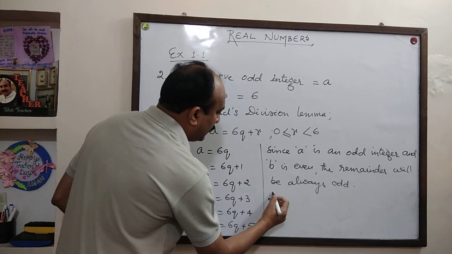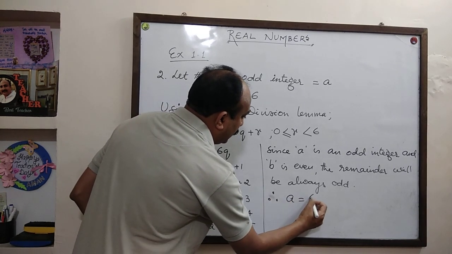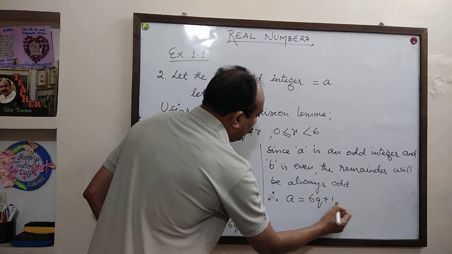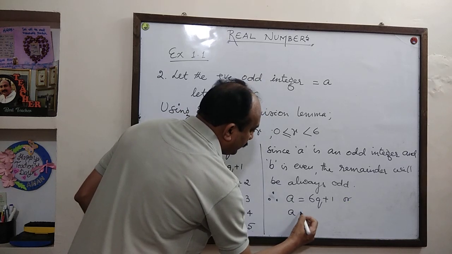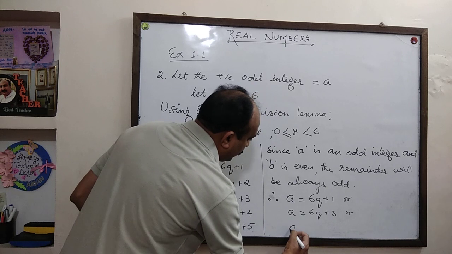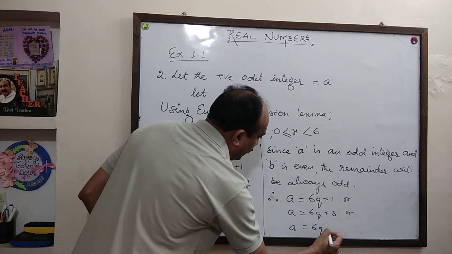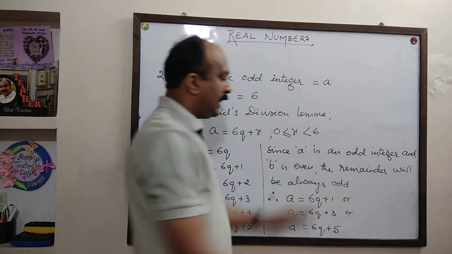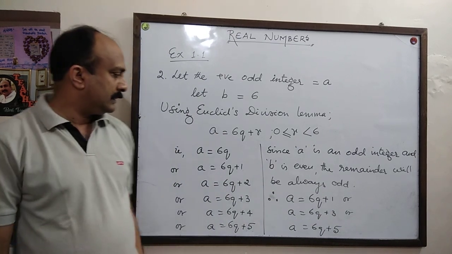Therefore, the possibilities are A is equal to 6q plus 1, or A is equal to 6q plus 3, or A is equal to 6q plus 5 are the only three possibilities.